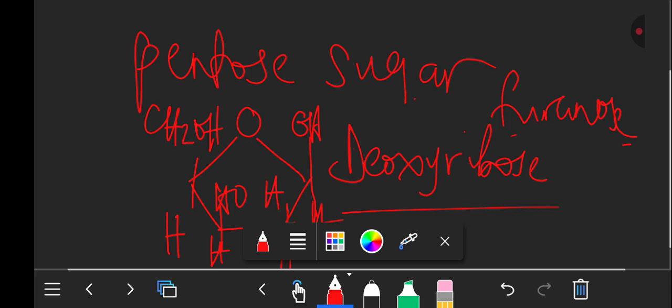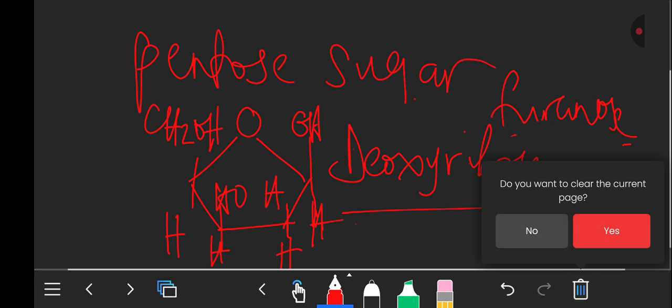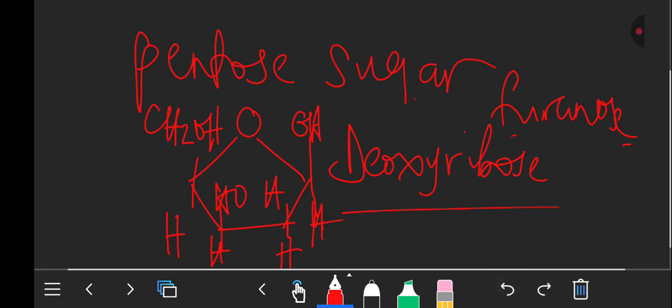So this is very important for us to appreciate. Now let's look at the complete structure of a nucleotide. It will be formed by this pentose sugar. The pentose sugar will be a backbone of it.